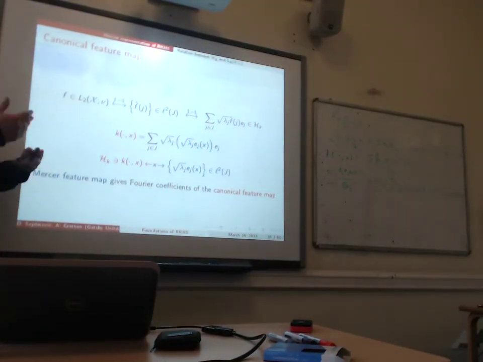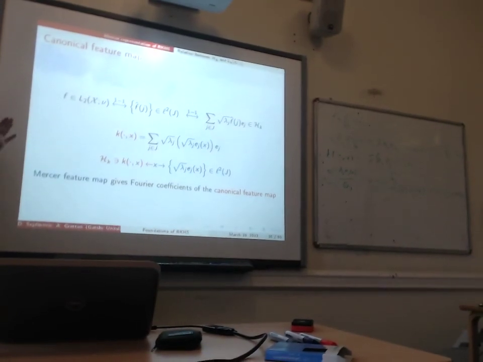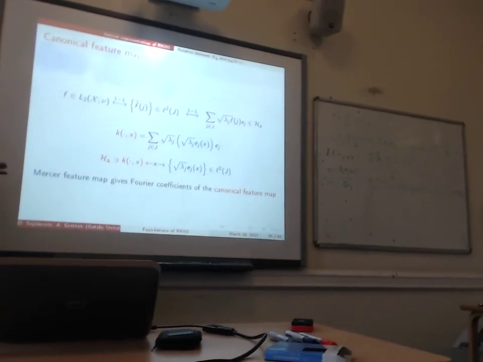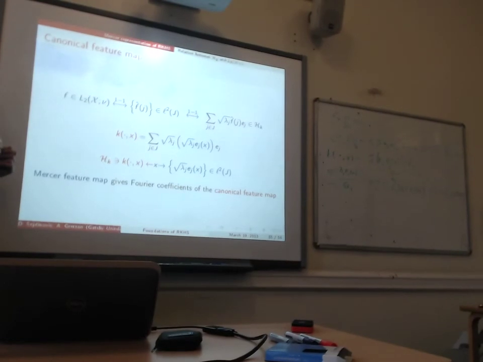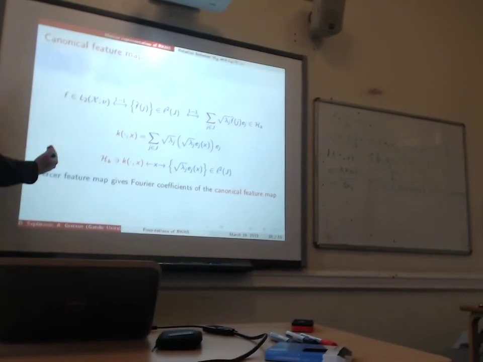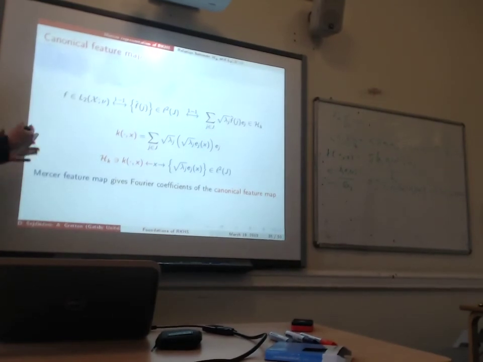So again, you get this non-uniqueness of feature space phenomenon that we've observed. That these Mercer feature maps are just some coefficients of the canonical feature map of the function k_x, just like before. But now they are coefficients in terms of an orthonormal basis, so they are somehow a smarter way to expand my function k_x.